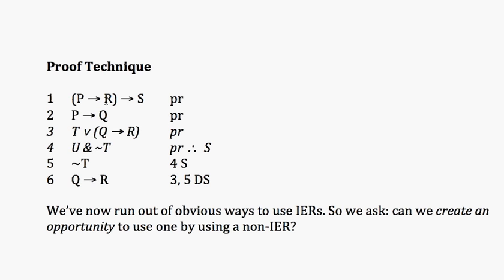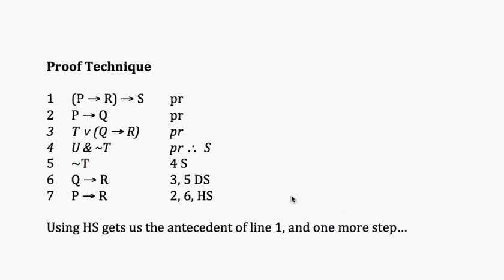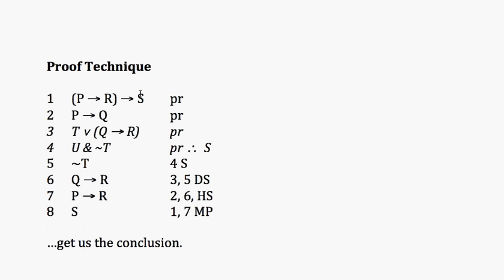No simple way to apply an IER, but notice from 2 and 6, we can get P arrow R. So if we go ahead and do that, we're going to have a way to apply another information extracting rule. We can use modus ponens with 1 and 7. And that will get us S, which is exactly what we need.